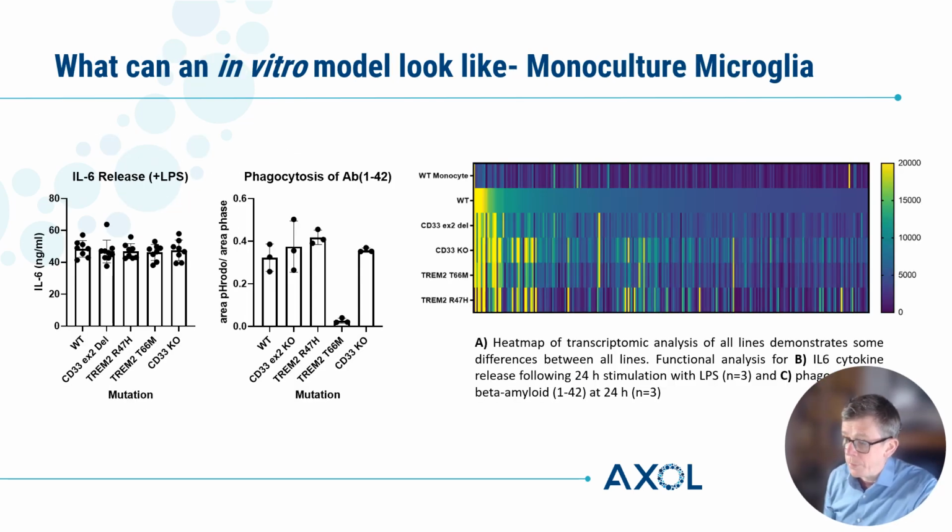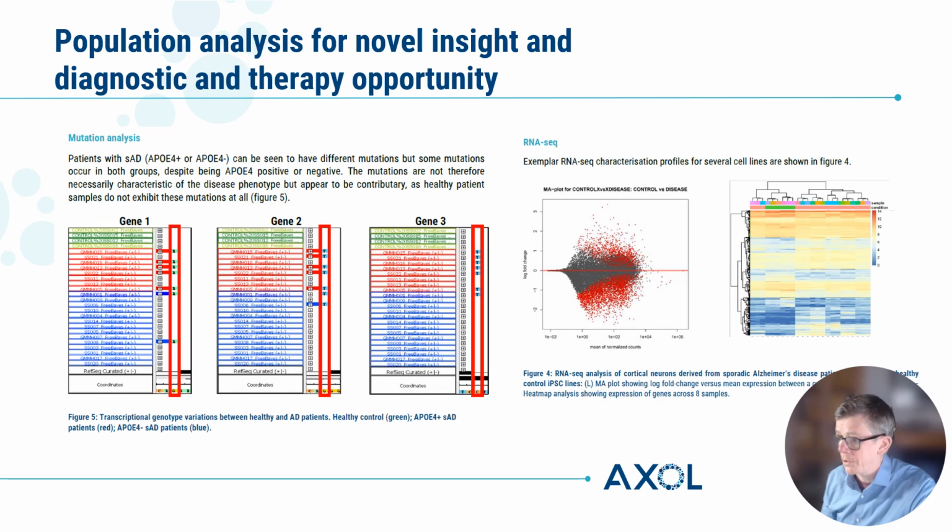When we build up these models, we already have a very good handle on monoculture systems, so individual cell types. There's microglia; this is some data looking at TREM2 mutation in microglia, very relevant for Alzheimer's, and a phagocytosis assay. These are functional assays we can run in-house, so we've got a good understanding of what these cells look like in monoculture.